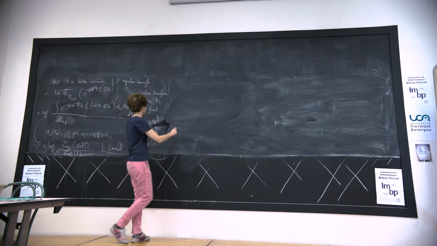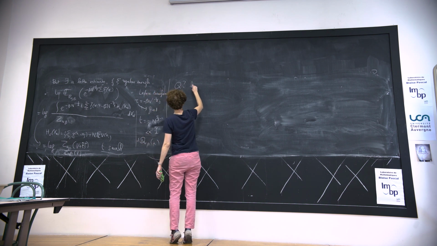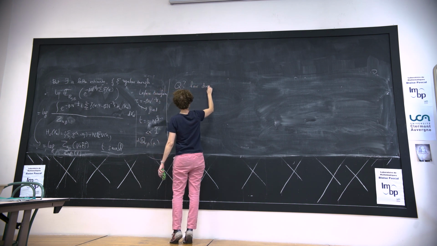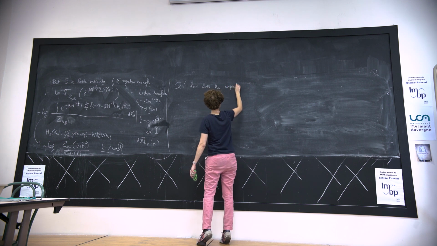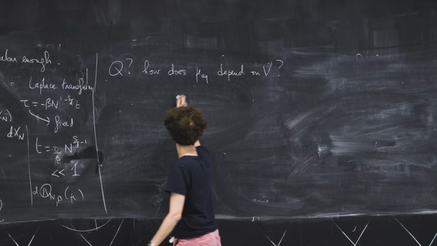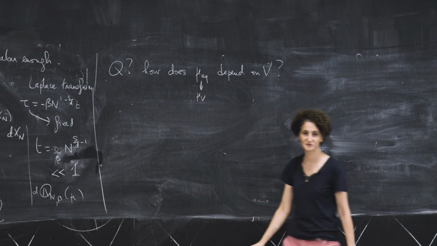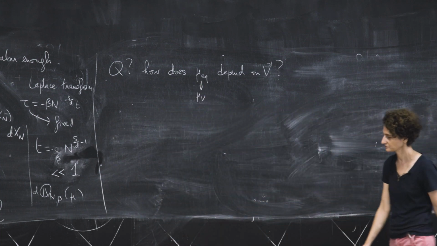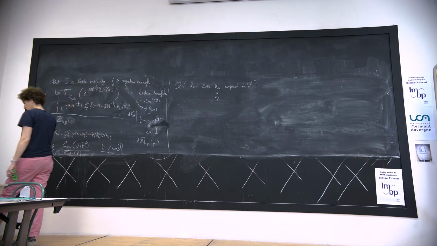Okay. All right, so question, how does mu equilibrium depend on V? So now I'm going to call it mu V, because I want to remember how it depends on V. Actually, in the whole text, it's denoted mu V.